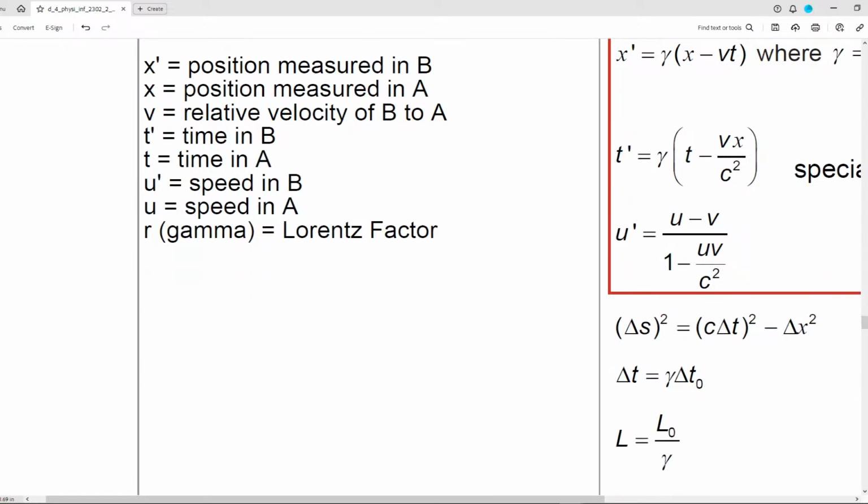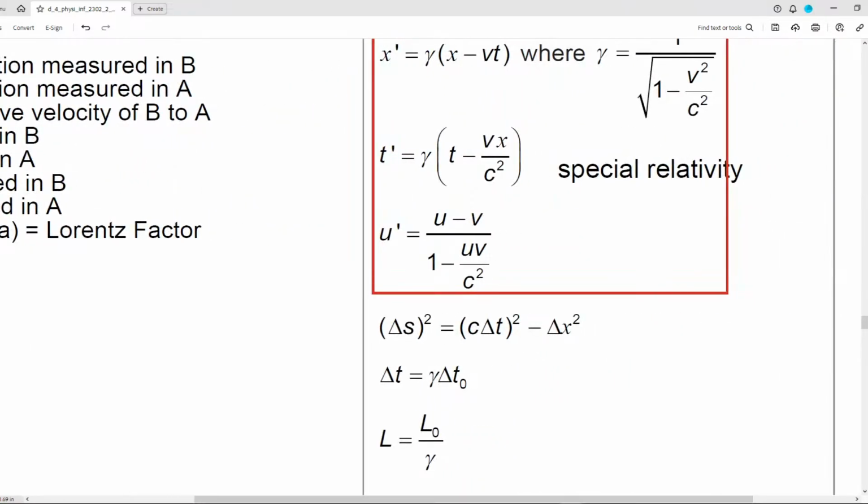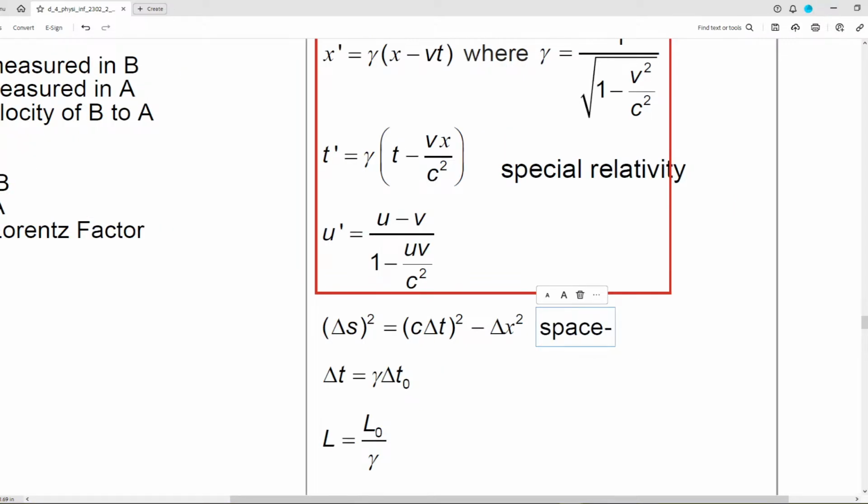The next little bit is what we call basically the space-time diagrams. Okay, I'll type each of them out. This is the distance in space-time, so this is what we call the space-time interval. Notice it's basically the Pythagorean theorem, except it's subtraction because it's not a Cartesian space.